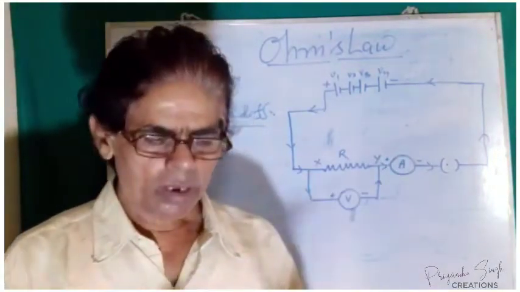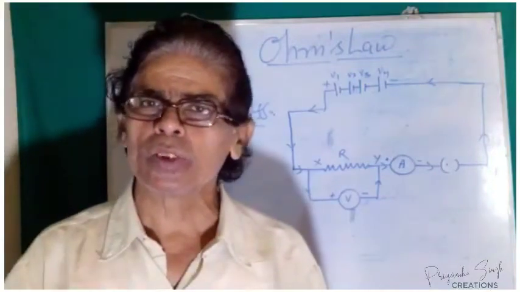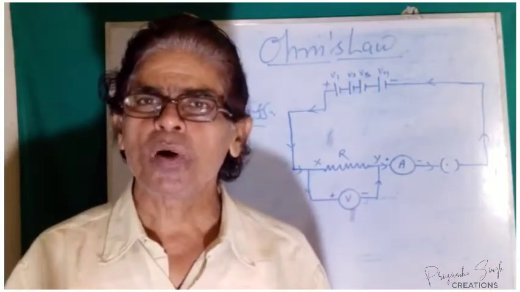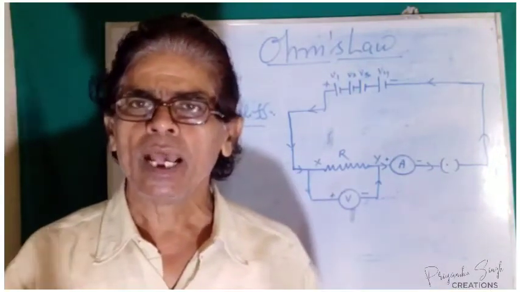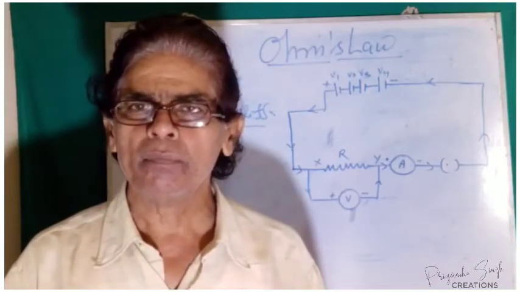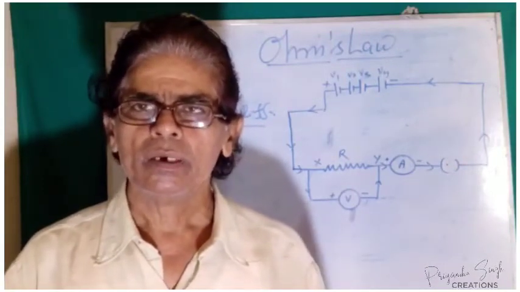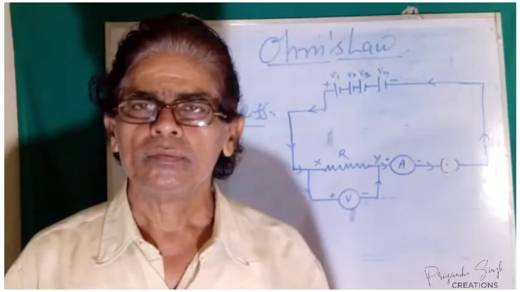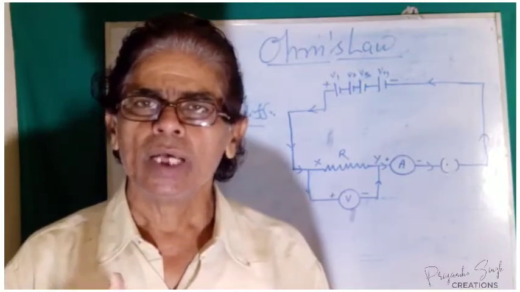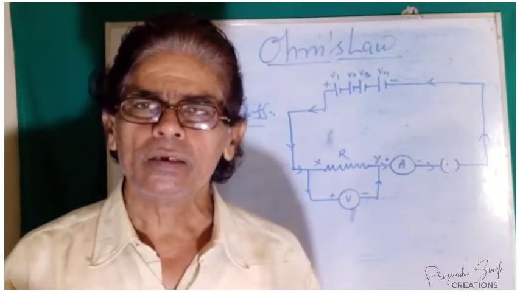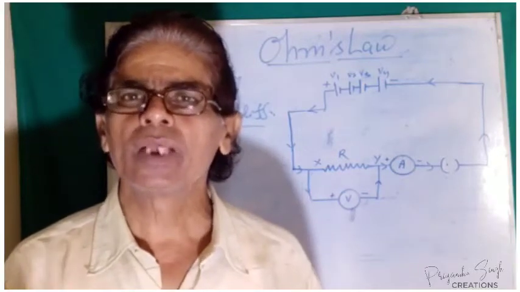Suppose the current strength passing through the circuit corresponding to a single cell having potential difference V1 indicates that the electric current is due to a single cell.